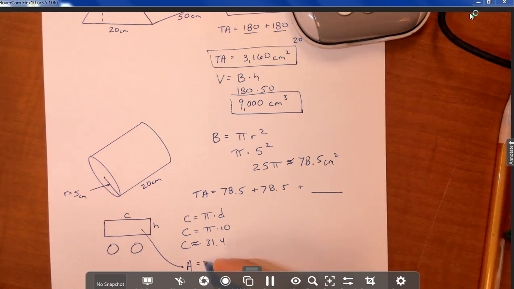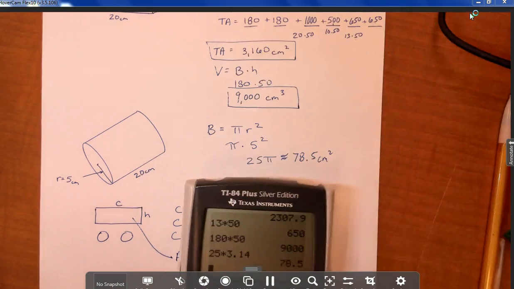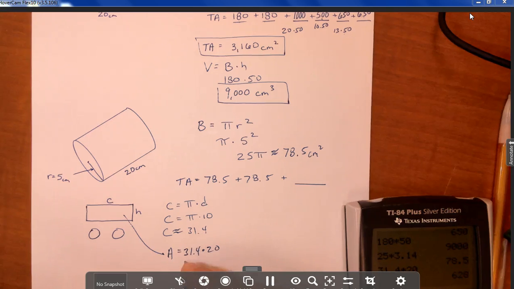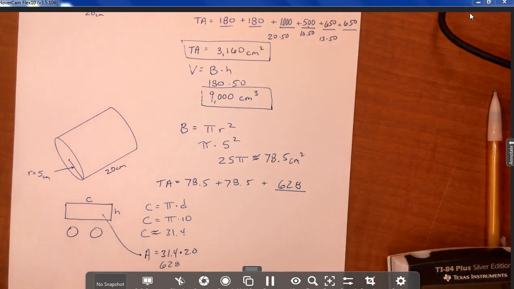So the area of that is the 31.4 times the height, and that's the height of the trapezoid, so times 20. So what's 31.4 times 20? 628. So that is going to be the rectangle.